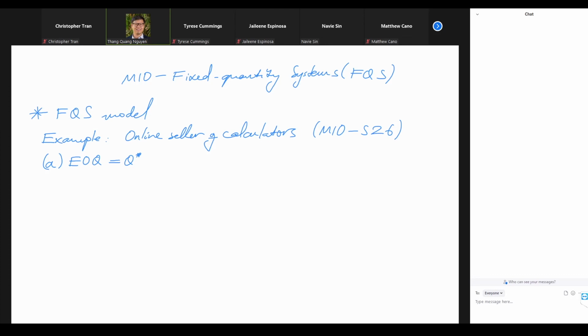So remember the equation is we take 2RK, 2 times R times K, divided by C times I. All of these are given in the question. And remember, the R here is the demand for the whole year.